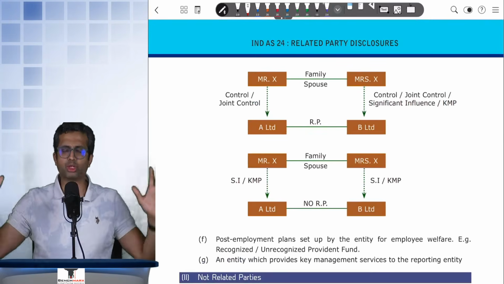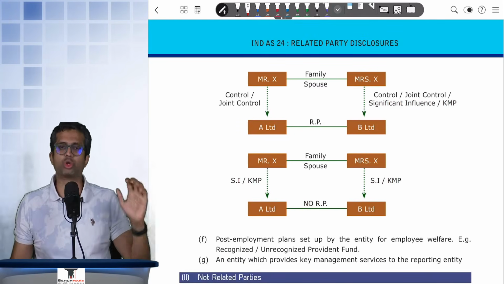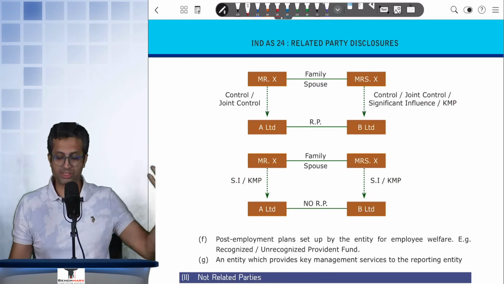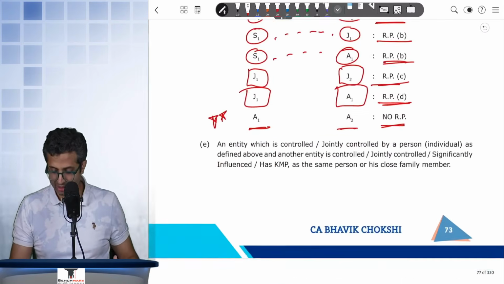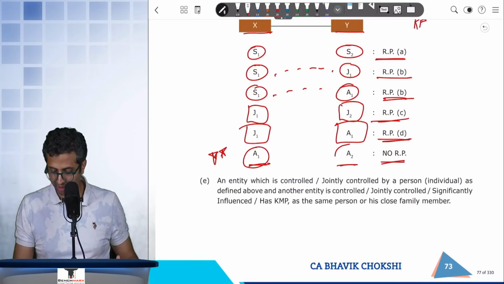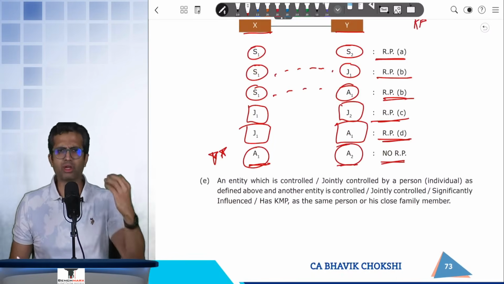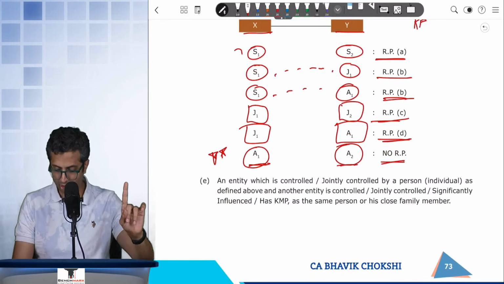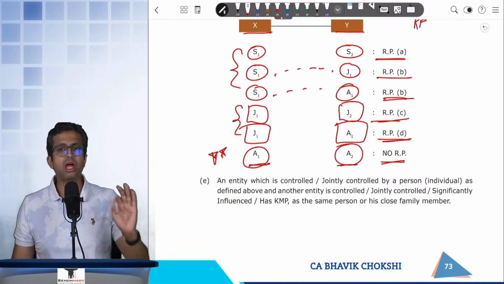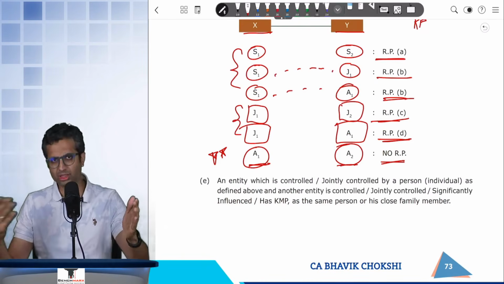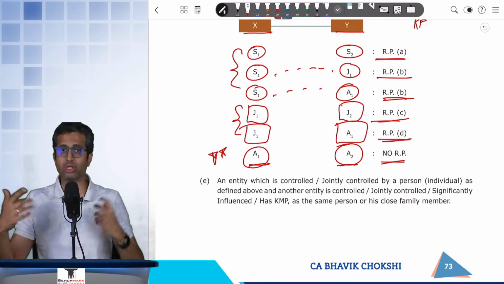Then at least at one of the two places, there has to be a control or joint control. So like we said earlier over here, if both places there is just significant influence, there is no related party. However, at one of the two places, there should either be control or there should be joint control, and hence at the other place you might have a control, a joint control, or even significant influence.